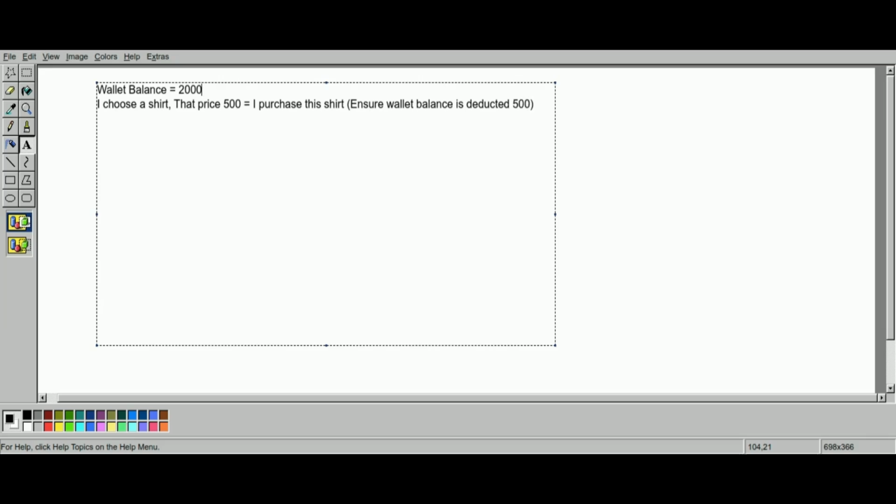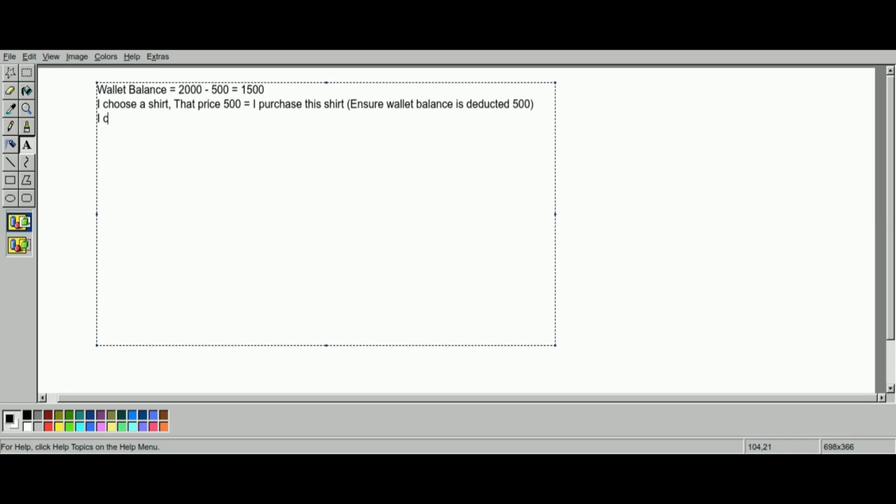If 500 is deducted, what will be the actual balance? 1500. So now my wallet balance, 2000 minus 500, is 1500. Why? I chose a shirt that price is 500, I purchase this shirt, and after I ensure the wallet balance is deducted 500.